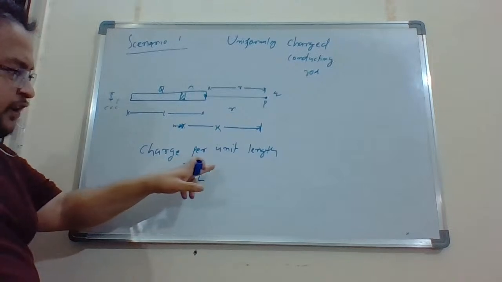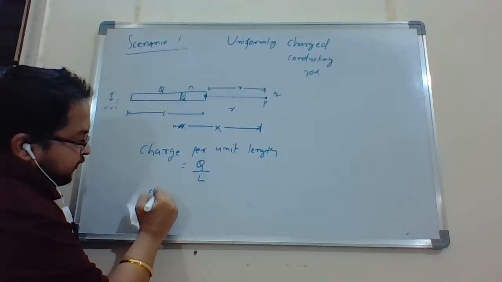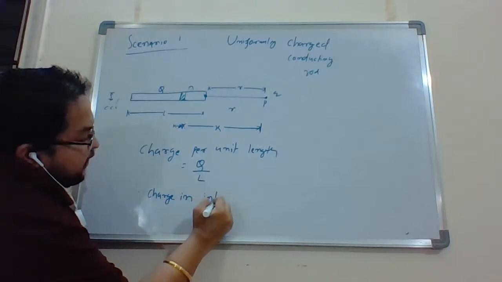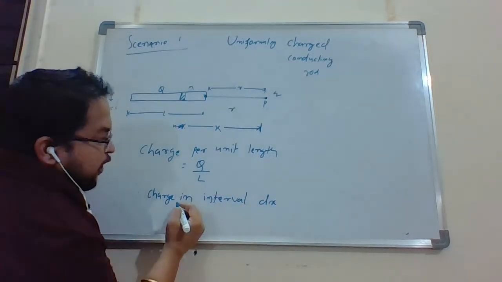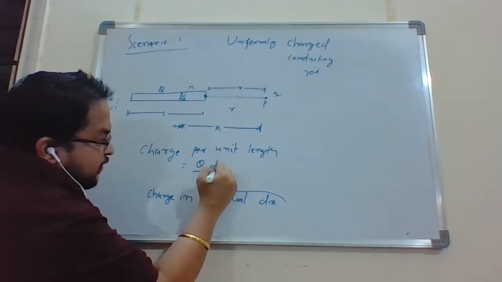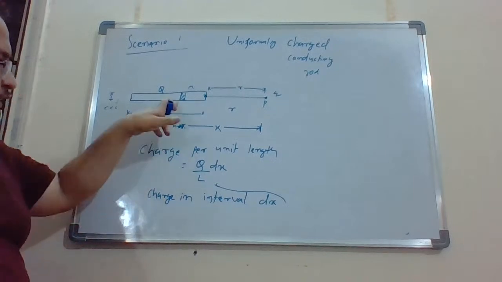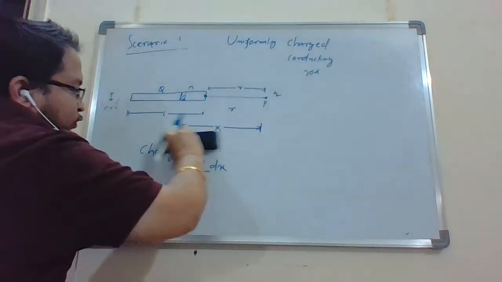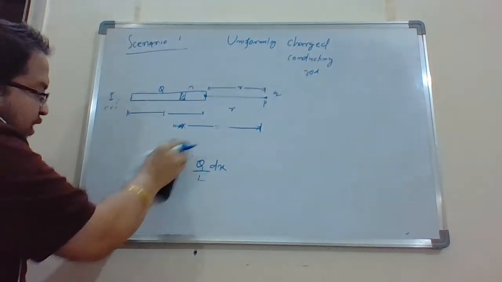If charge per unit length is Q by L, then charge in interval dx will be how much? It will be nothing but Q by L into dx, right?